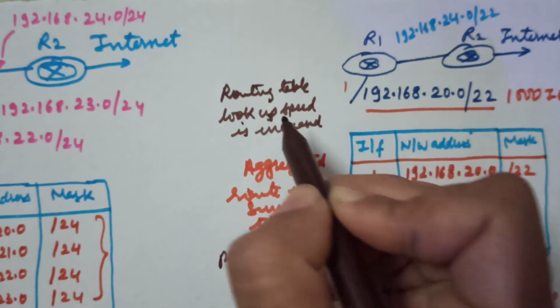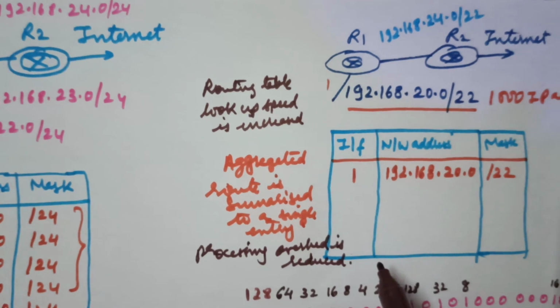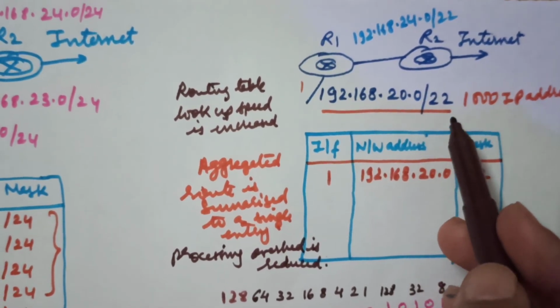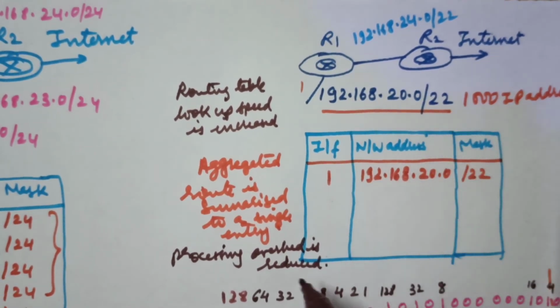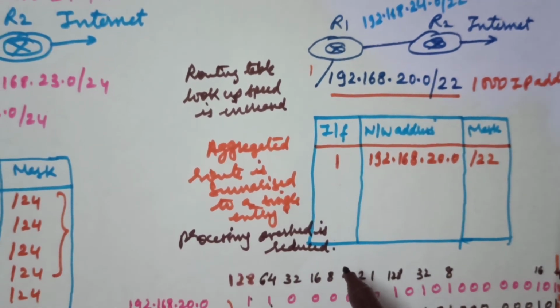These are the advantages of supernetting. So supernetting minimizes the routing table size. It aggregates the routes to a single route. It summarizes the route. In supernetting, the prefix notation reduces as compared to the standard prefix notation, and the processing overhead in supernetting is low.